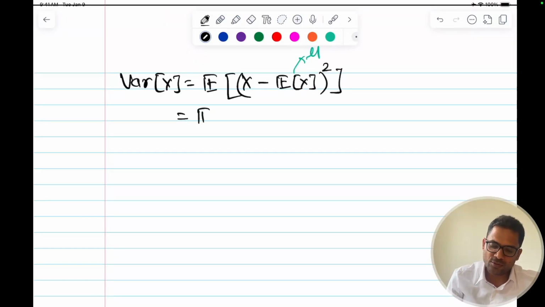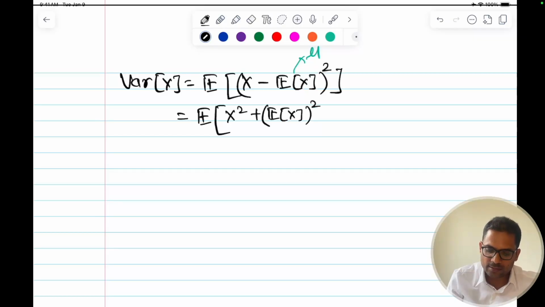So expectation of, spread the inner term, (a minus b) whole square: a square plus b square minus 2ab.